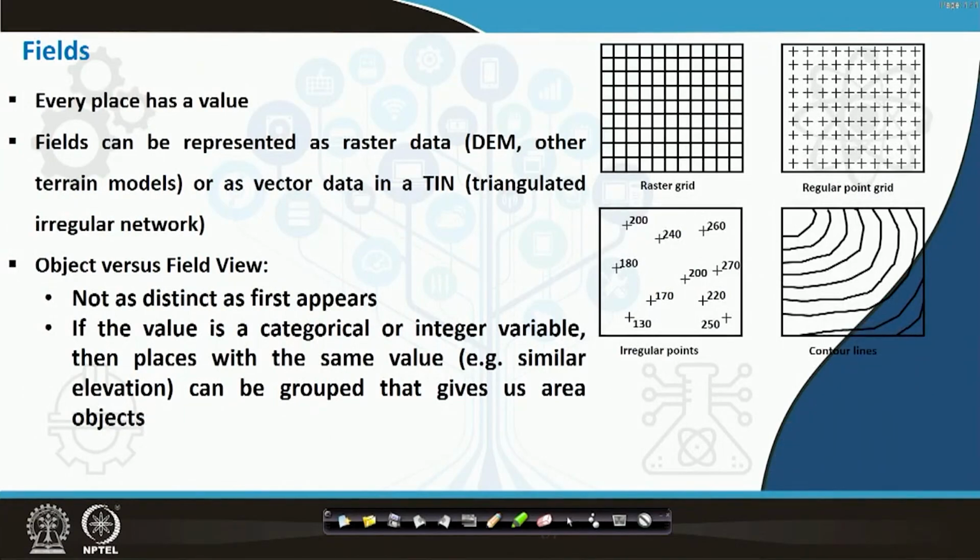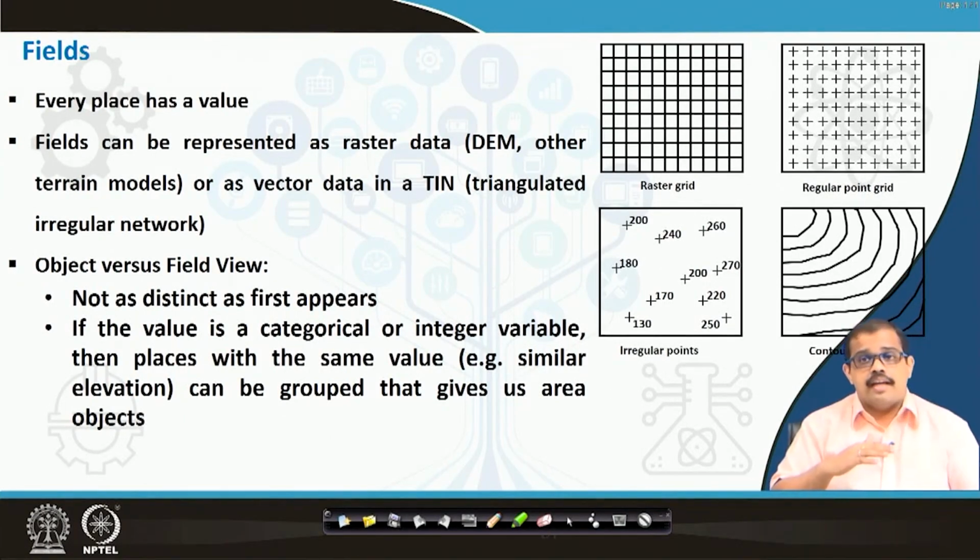Land use data can also be represented as an object in case it is converted into a line, point or a polygon. So if all land use features are converted as polygons, then it becomes a polygon object. That is how we use objects and fields.